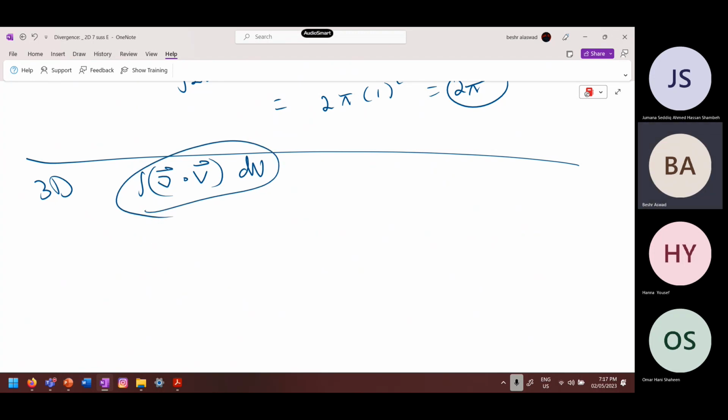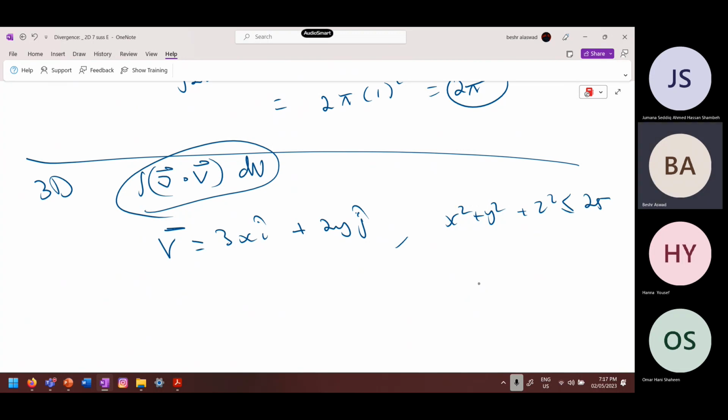Let's say that you have a vector of 3x i hat plus 2y j hat, and it's enclosed in a path of x squared plus y squared plus z squared less or equal to 25.